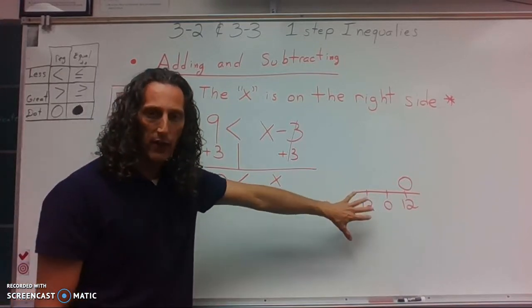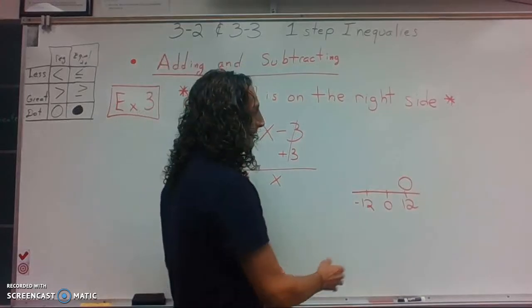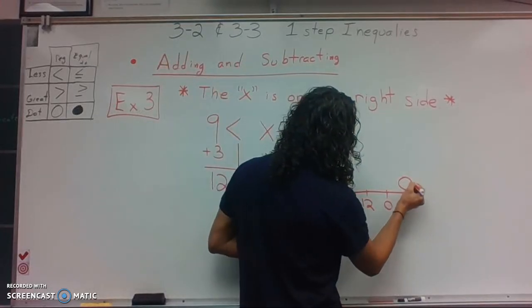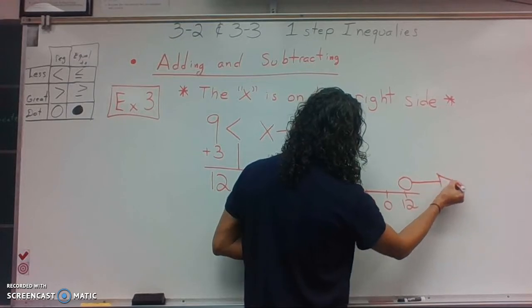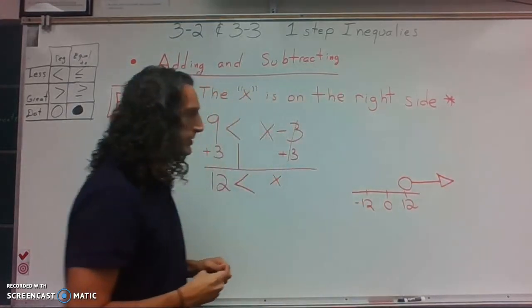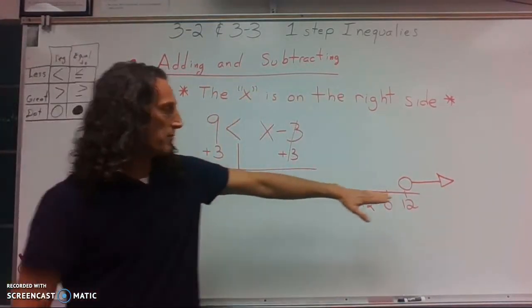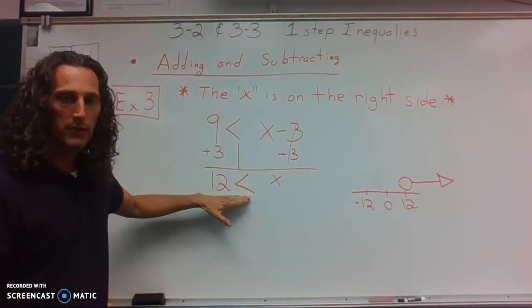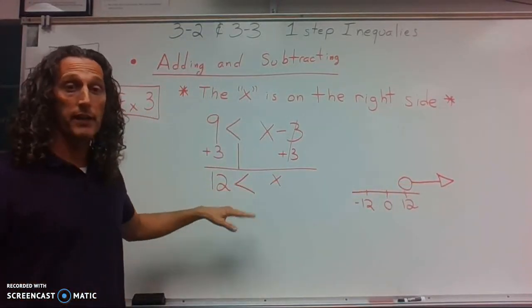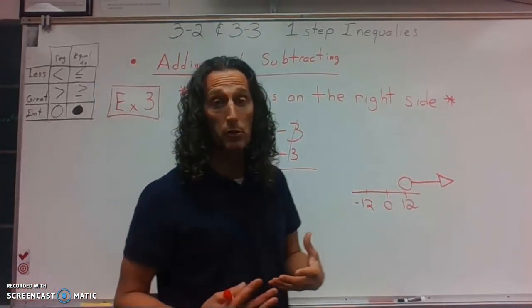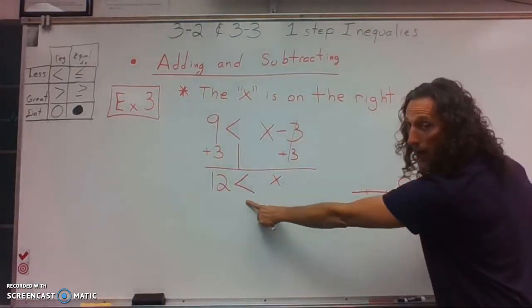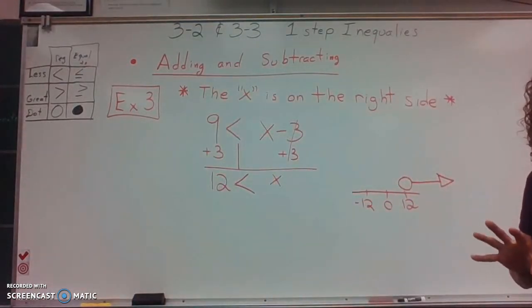But now look at our graph. 15 is on this side. So my arrow is going to be going in that direction. But do you see how this arrow does not match the inequality sign? In examples 1 and 2, it did. But in this one, they're actually going in opposite directions.